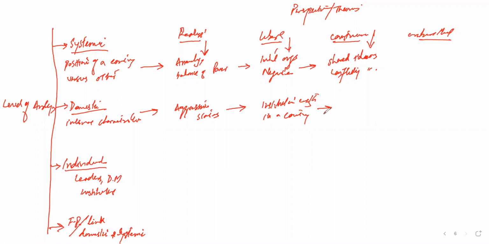So liberals would view this. And the constructivists would see at the domestic level the political ideology of that country, the political ideology within the country. They would view it.